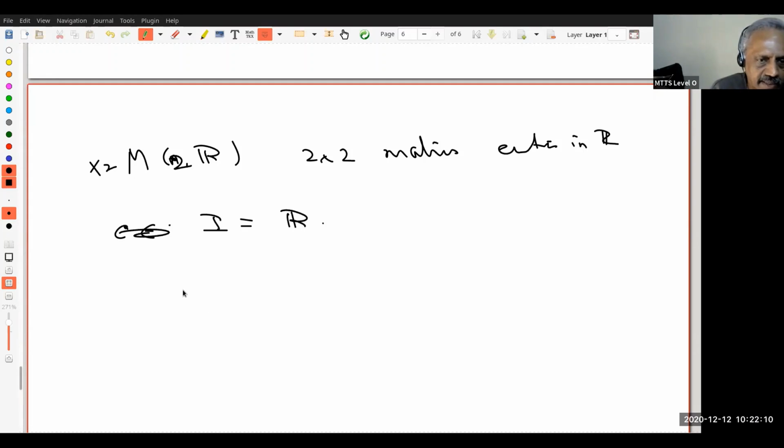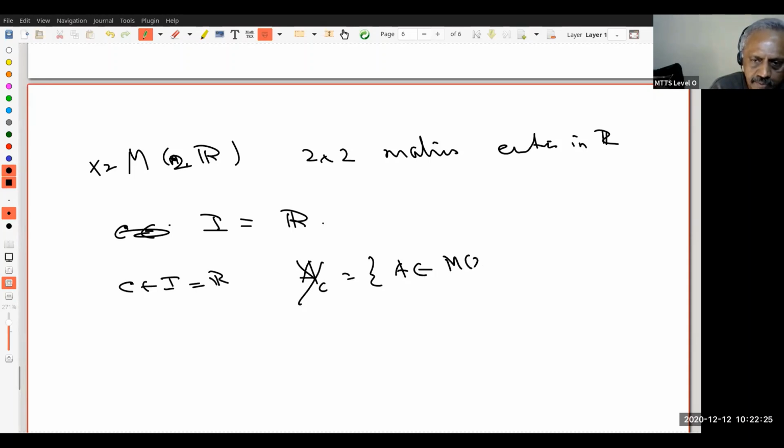Now what I am doing, for any C in I, that is C in R, I define a subset, maybe I will denote by some other name, Y_C, the set of all matrices A in 2 by 2 matrices so that determinant of A equal to C. So I have an indexed family Y_C, C in R.